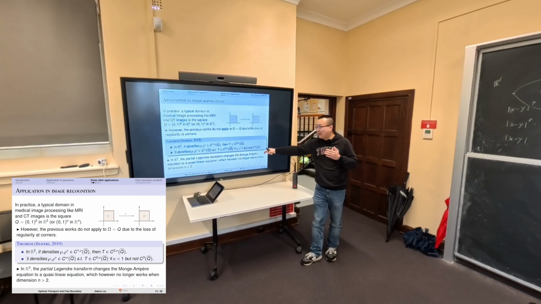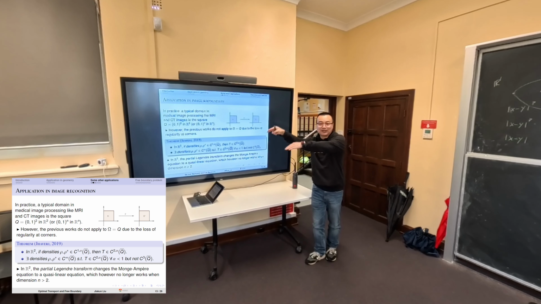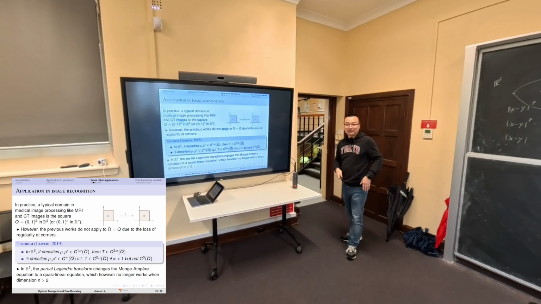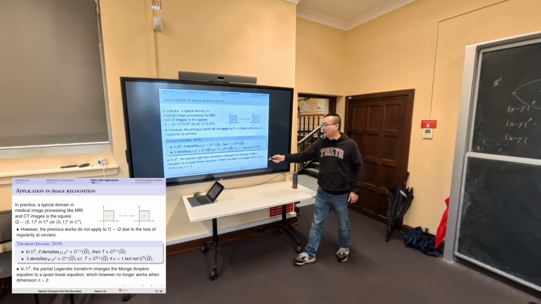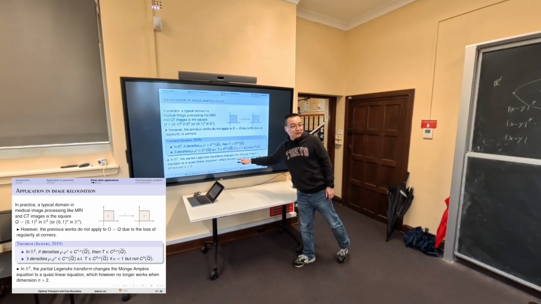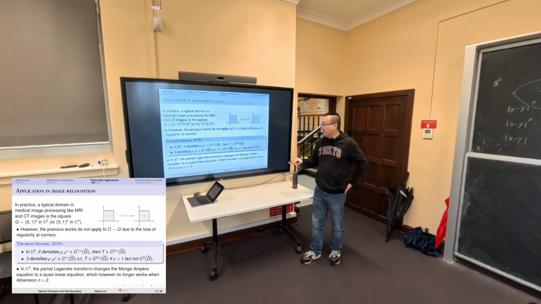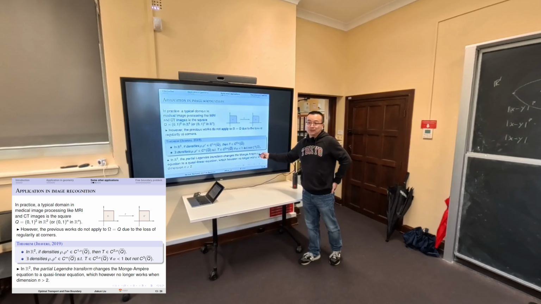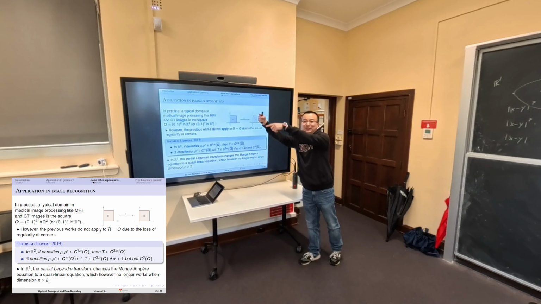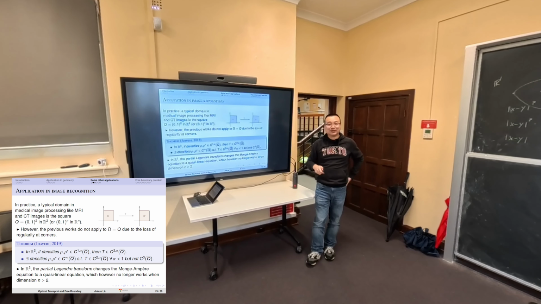But by using the partial Legendre transform, you can change it directly to the linear case. So life becomes much easier. But it only applies in dimension 2. In higher dimensions, such a technique does not apply. Somehow it's also related to convex analysis, because in R2 everything can be represented using complex functions. But in higher dimension that may not be true.